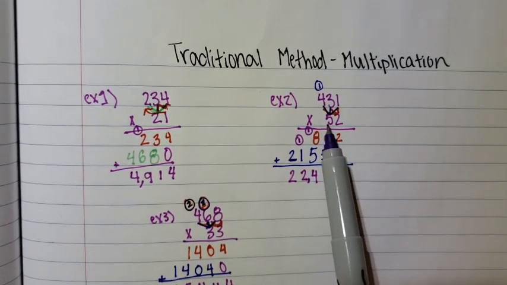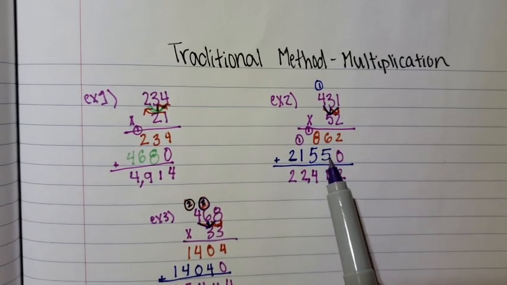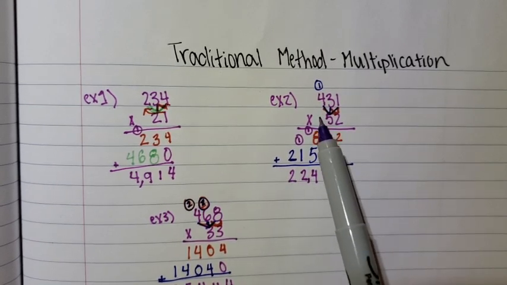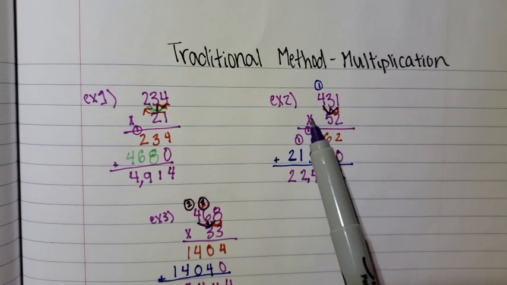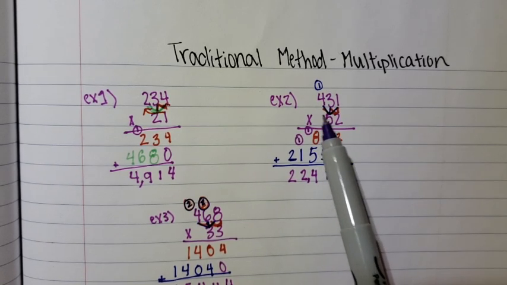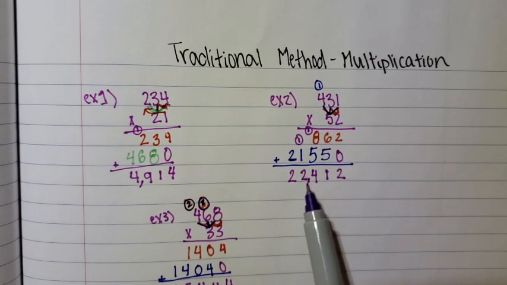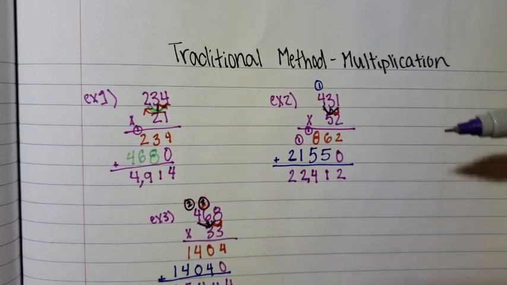Also remember, when you are multiplying from your tens place, you're going to start in the tens area when you start writing down your numbers. And that's the same thing if we also had a 2 here, like 252. If that was the number we were multiplying, you would start another row and it would start in the 200s or in the hundreds place value. That's all you got to remember.